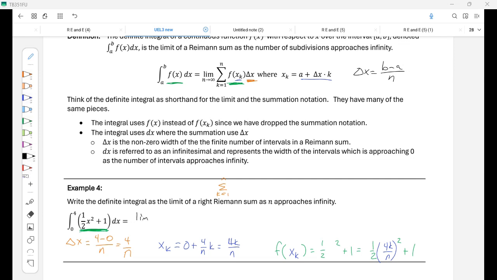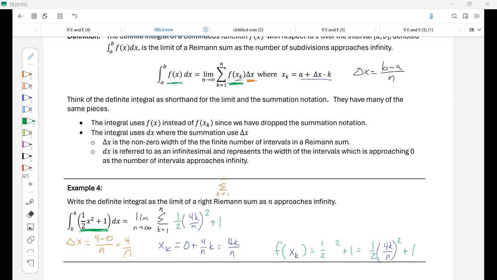The limit as n goes to infinity of the summation that starts with k equals 1 and goes to n of f of xk. So that's going to be my 1/2, my 4k over n, but squared, plus 1.